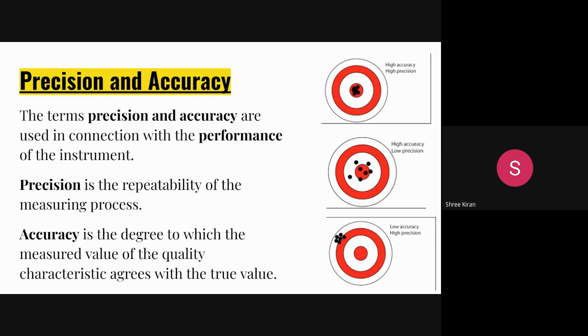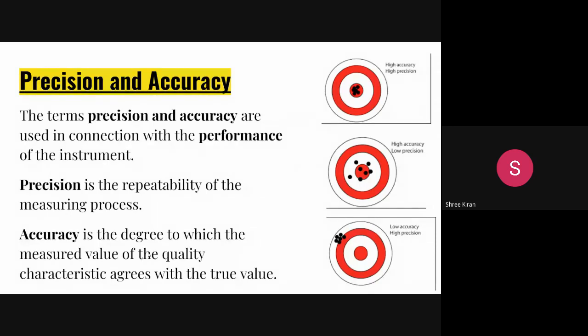You don't remember the vernier caliper and the others? Then what else? Vernier caliper, then screw gauge. Okay, fine. Screw gauge, sine gauges. Rahul, do you remember? Vernier calipers, screw gauges, sine gauges, all this was there. Okay, no problem.